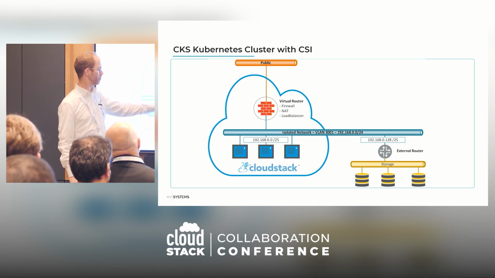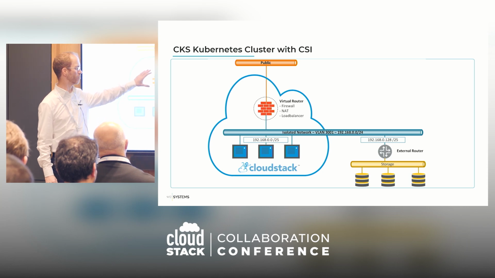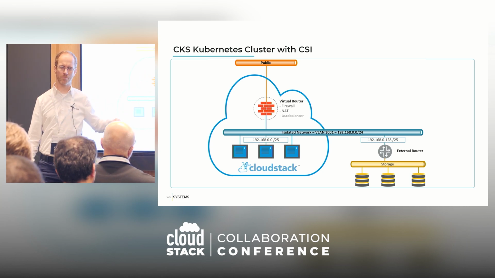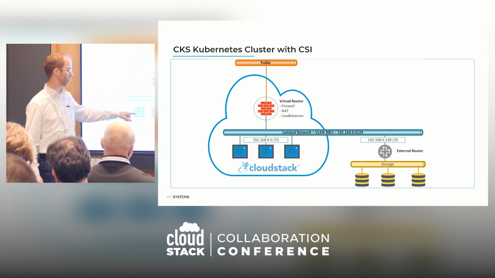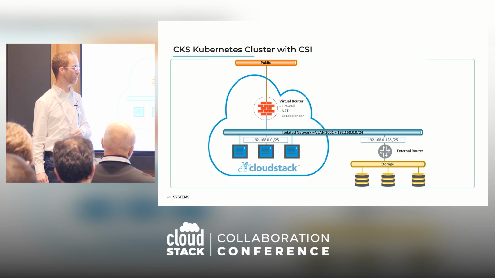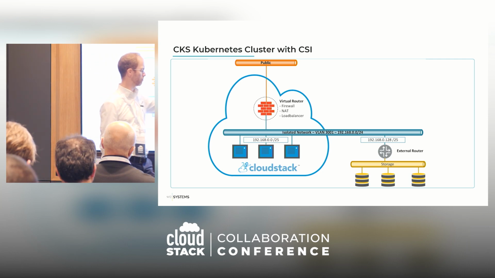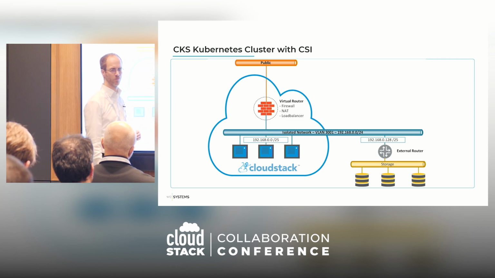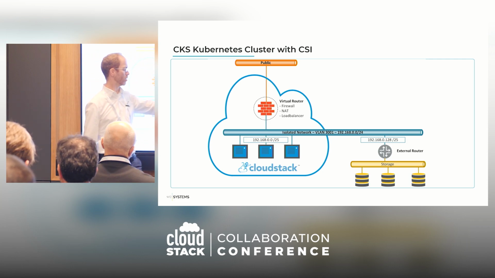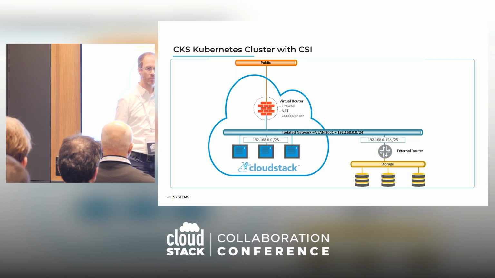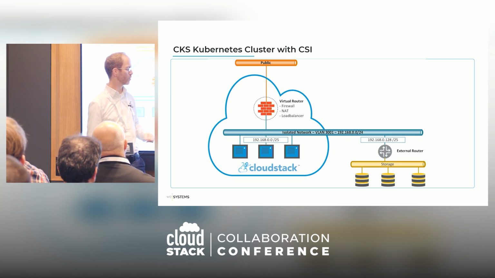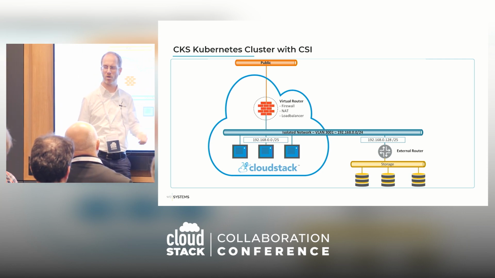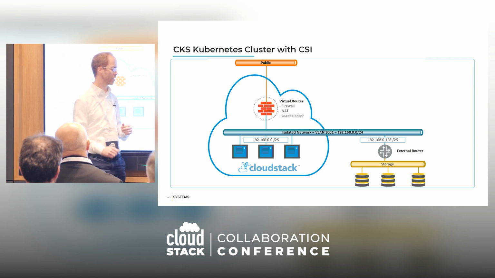The first part of the network will be used by the virtual router to provide IP addresses to the worker nodes of the Kubernetes cluster. And the second part of the /24 network will be used for all of our external services. So we actually define a gateway IP within this network. We define the gateway on the external router, which in our case is a hardware box.